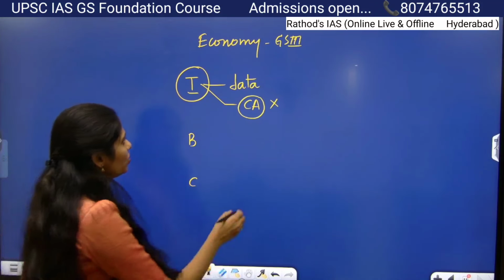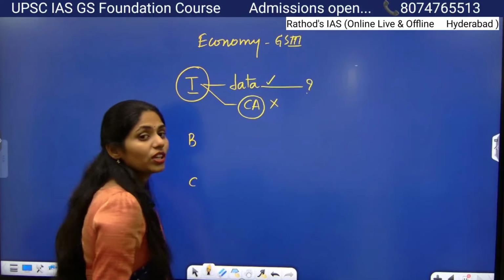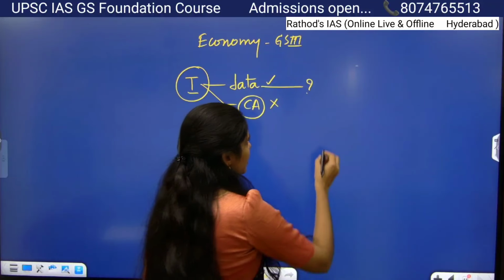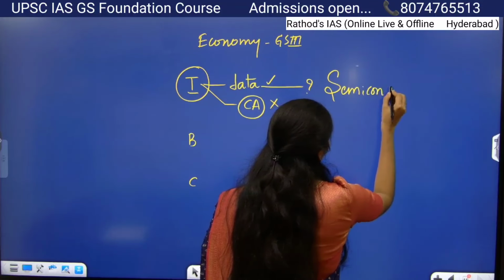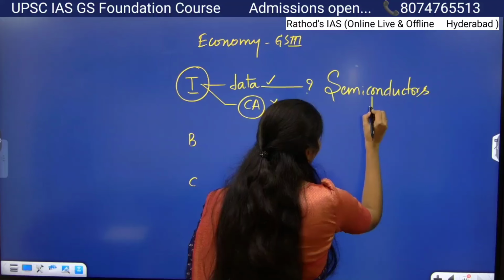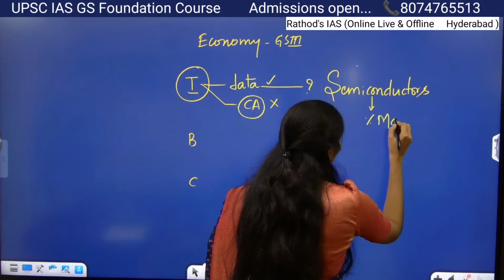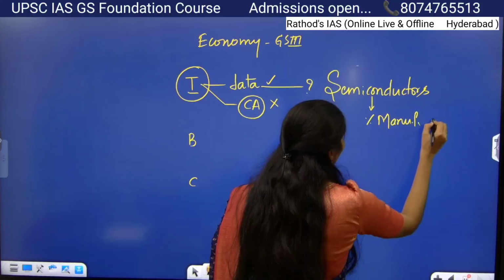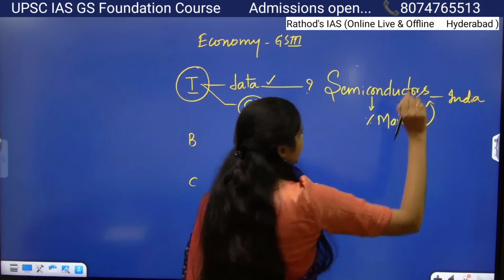So what can you use? You can use data. Which kind of data can you use here? You can use data regarding semiconductors, specifically the percentage of manufacturing of semiconductors in India.